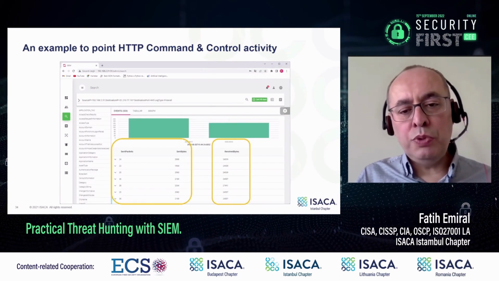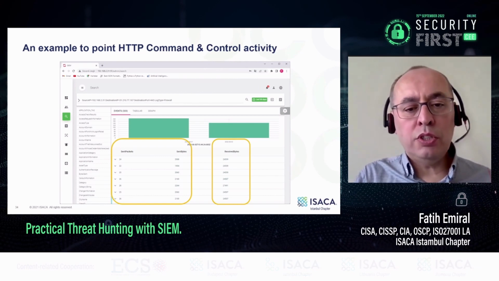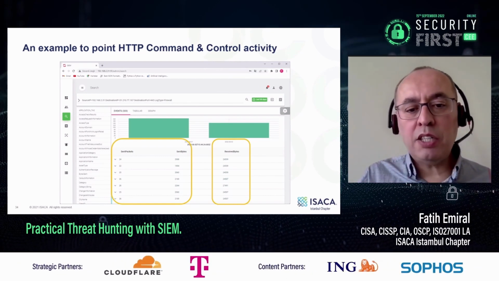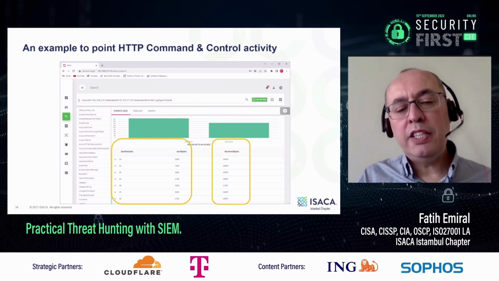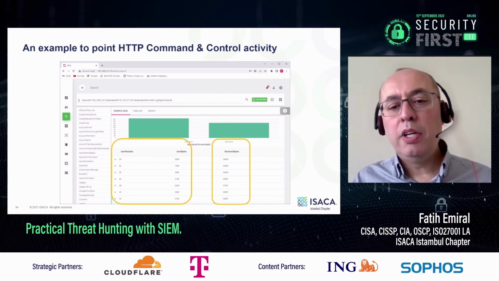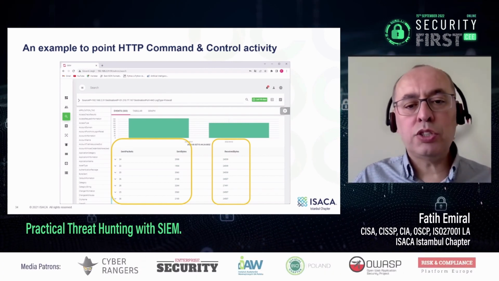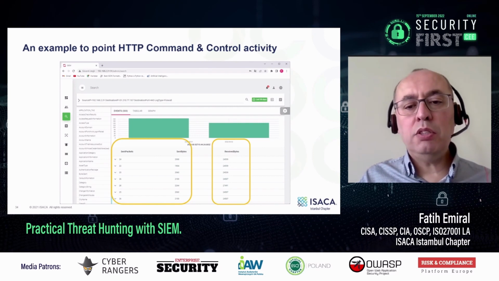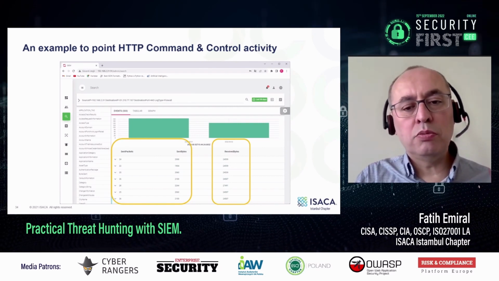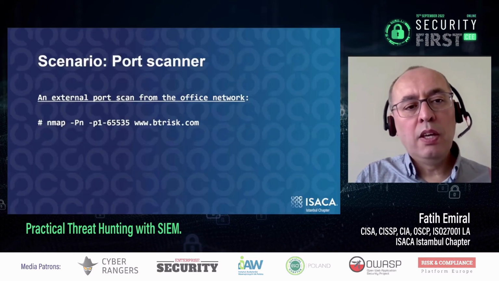Here we try to make a table out of the request size and response size, and we see the sizes are very similar, which also indicates that the requests are the same and responses are the same. And if you are accustomed to C2 activity, this is very typical for this kind of bad malicious activity going on in our networks.